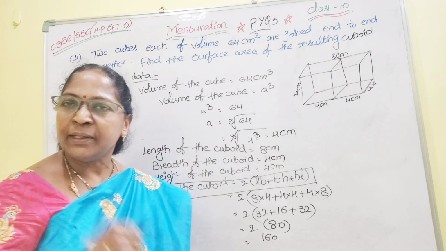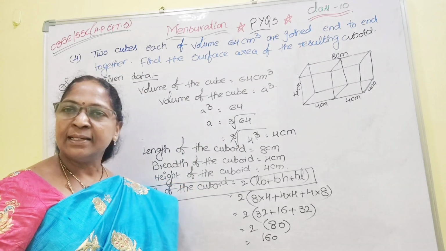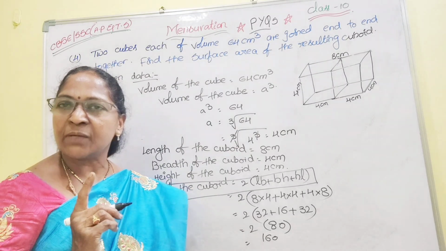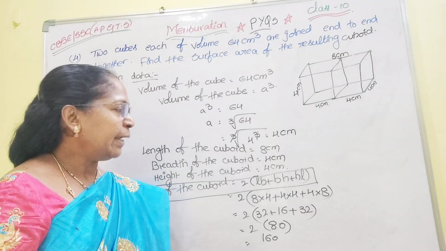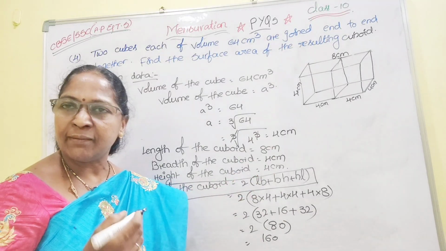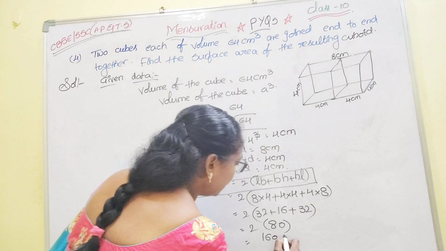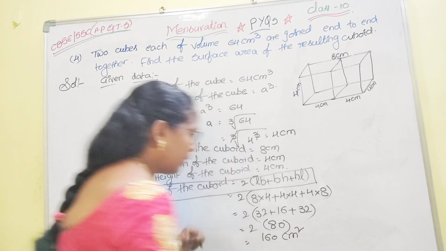So what is the unit of area? That is centimeter square. Actually square units is the unit of area, but here dimensions are given in centimeters, so you write down centimeter square.